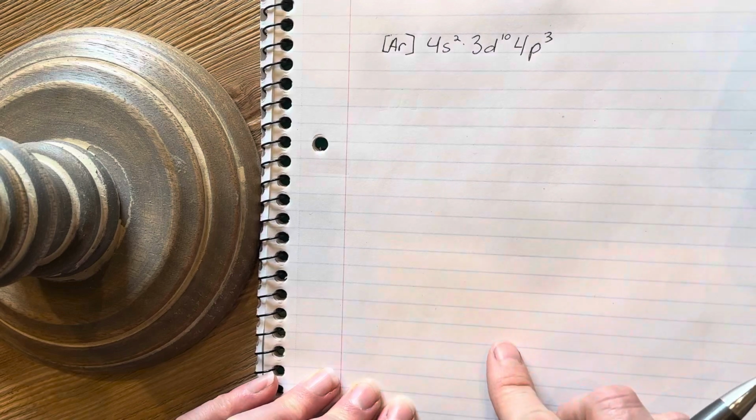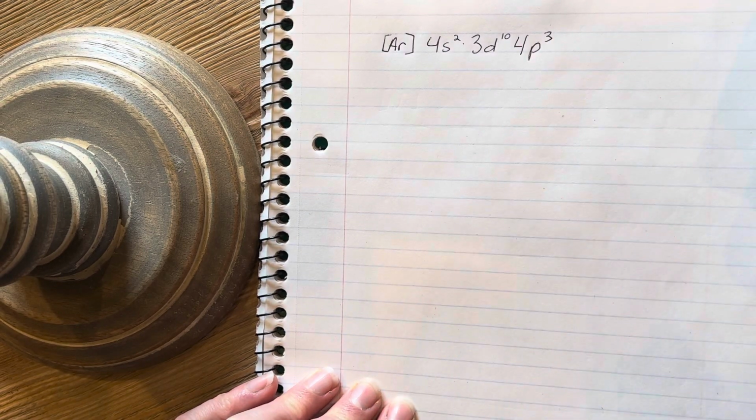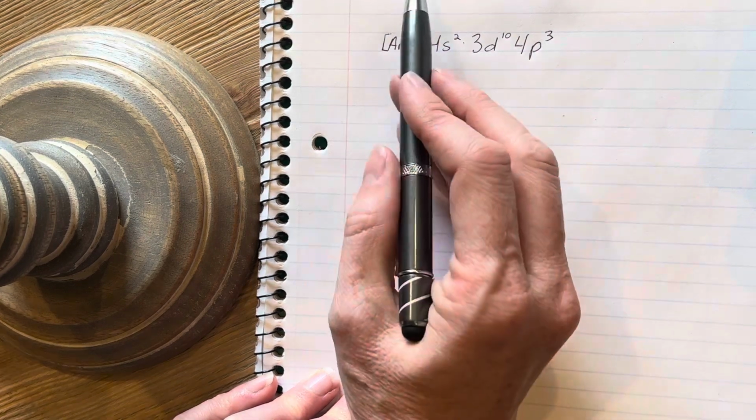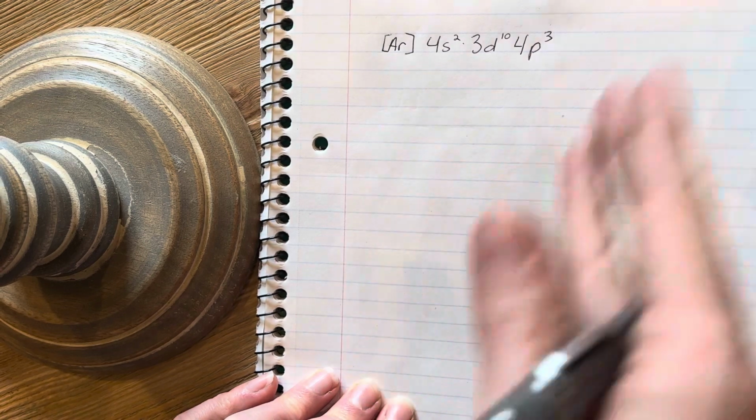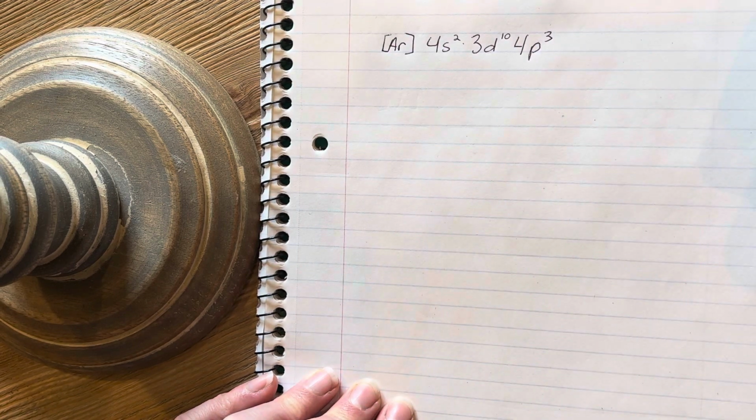Okay, so it is saying, first part, name this element, right? Well, I know that I'm in noble gas notation because this right here is a noble gas.